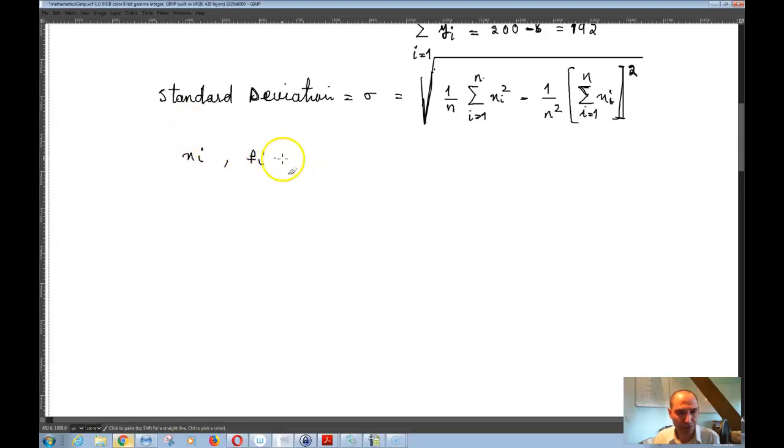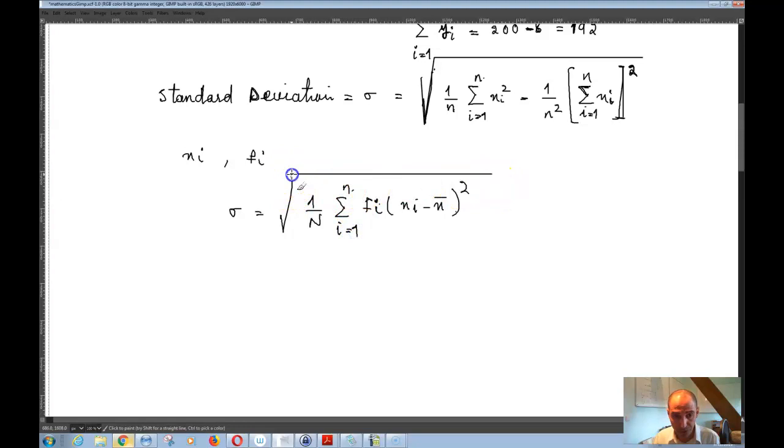If you want to calculate deviation the ordinary way, you have to calculate sigma is equal to the square root of 1 over n times sigma of f of I times x of I minus x bar whole squared as I goes from 1 to n.